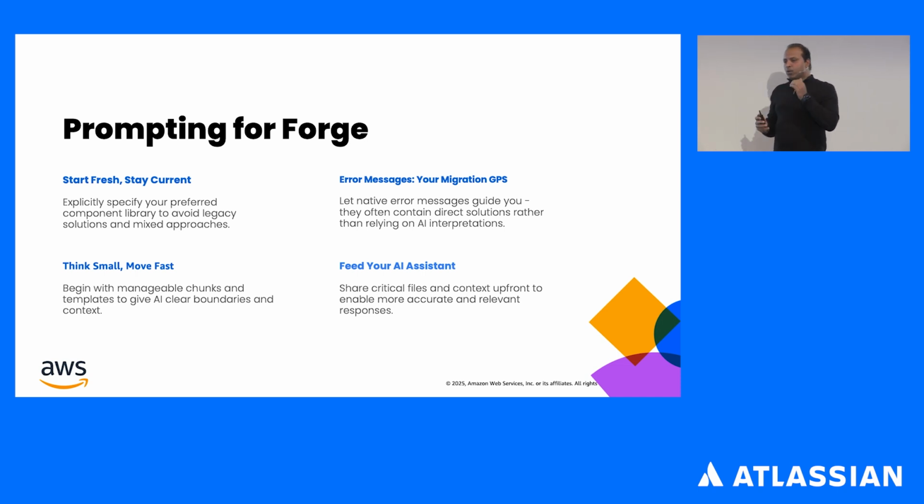Now, there are pros and cons to both of the approaches, but the idea is that if there is good error documentation available, start from there. Don't ask AI directly. First, look for the error documentation on the web or your repo libraries or whatnot. If it is not available, then both approaches will work. But this is going to act as your migration compass or your error compass. So please do not ignore reading your error documentation.